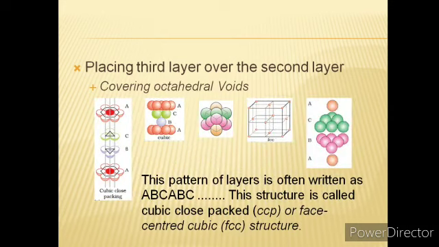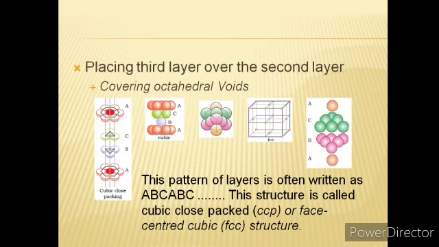The second method is to cover the octahedral voids which were not covered by the second layer. In this type of arrangement, the third layer will neither correspond with the particles of the first layer nor with the particles of the second layer.